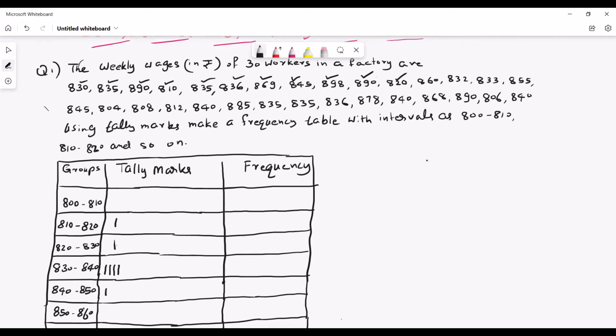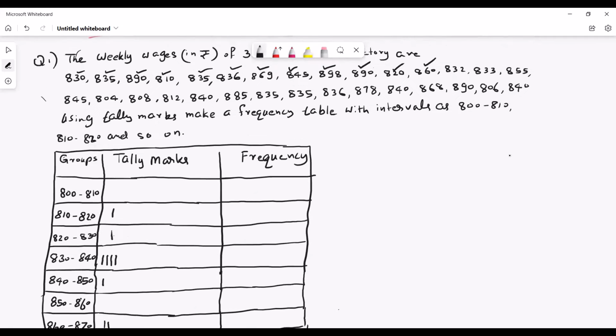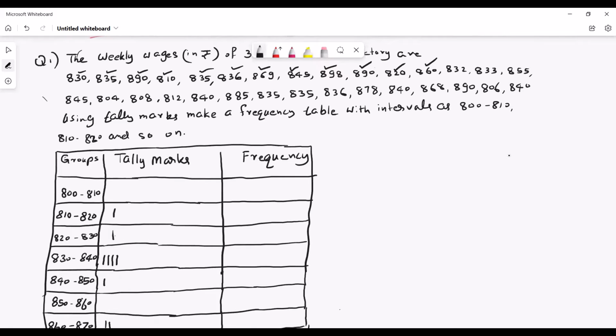Now the next one is 860. 860 is also having the same problem. So we have to mark here in the 860 to 870 range. Now the next one is 832. 832 will be here only.